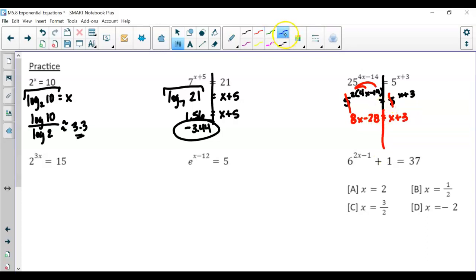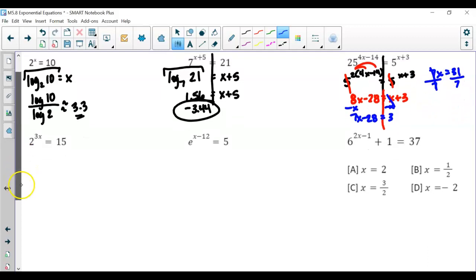So now when you gather, subtract x from both sides, 7x minus 28 is equal to 3. So now you add 28, you've got 7x is equal to 31. Divide by 7, you can leave it as a fraction or get your decimal, but 31 over 7.